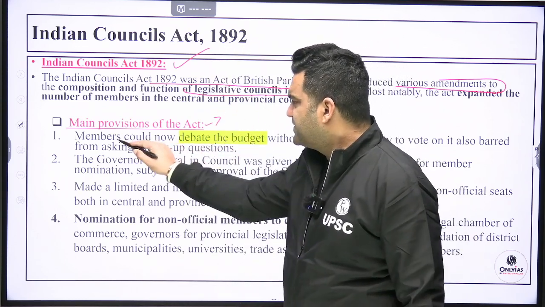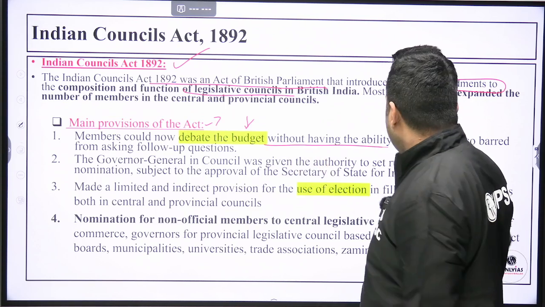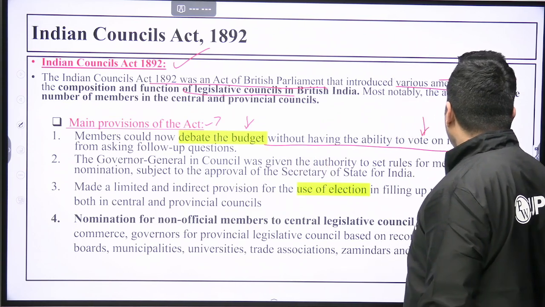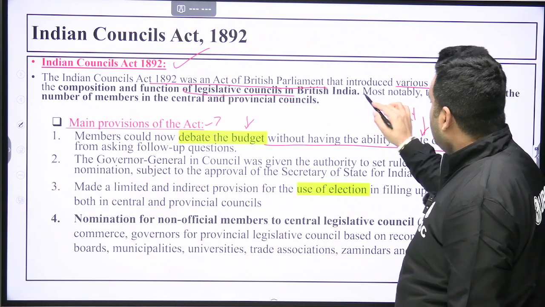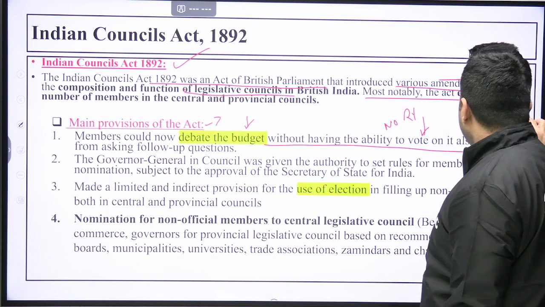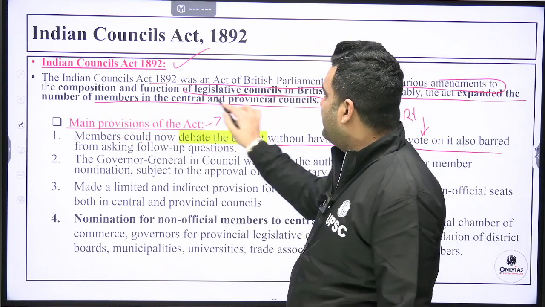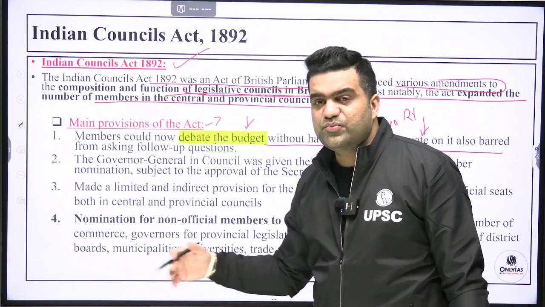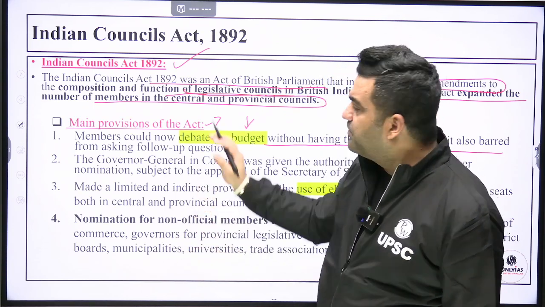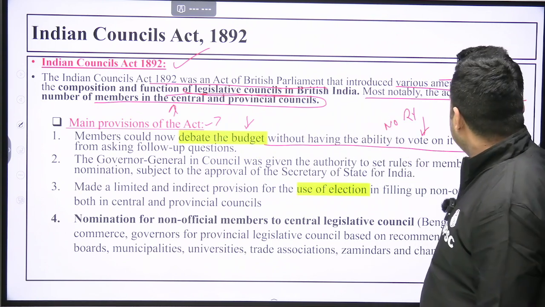Now, the main provisions of the Act: members could now debate the budget without having the ability to vote on it. No right to vote on the budget. So, first line here, most notably, the Act expanded the number of members in the central and provincial councils. Composition and functions of the legislative councils were refined, and the number of members in the central and provincial councils was expanded.